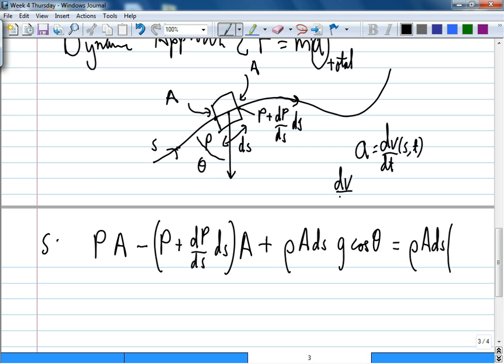Normally they change this a little bit and put a big D here, because velocity is a function of both s and t. This is actually equal to dv on dt plus dv on ds times ds on dt. Chain rule. Seen it before or not? So the actual acceleration has this term if the velocity changes in time.